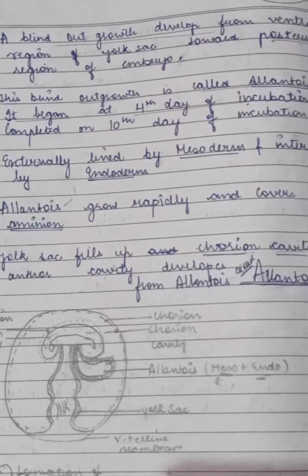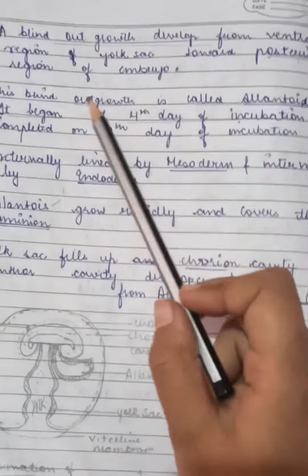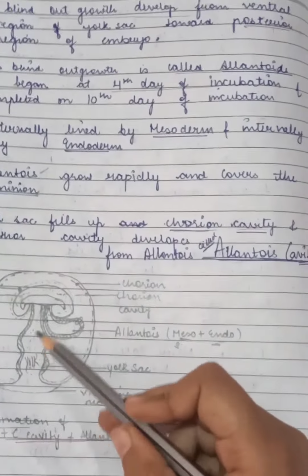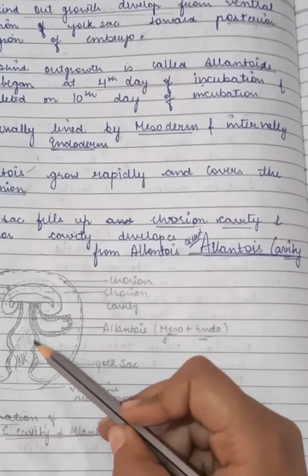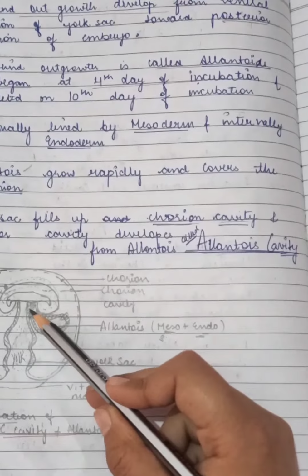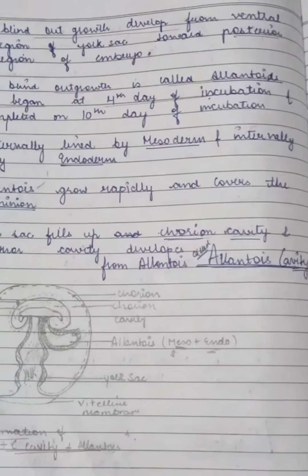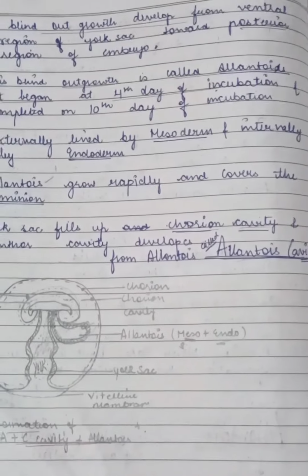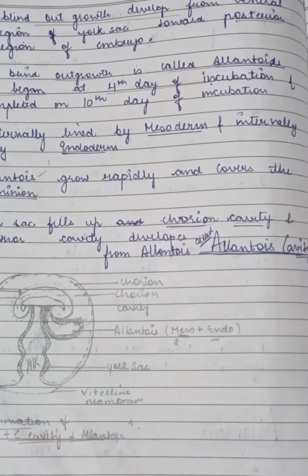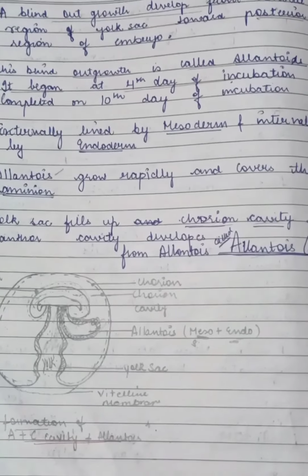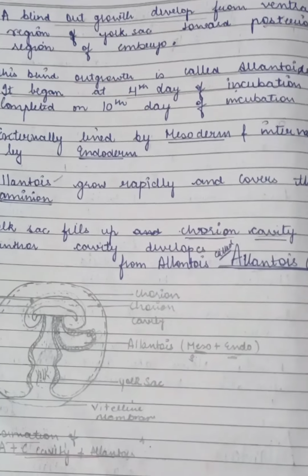A blind outgrowth develops from the ventral region of the yolk sac. You can see this is the yolk sac, and this outgrowth is growing. This is known as the allantois. It is developed from mesoderm and endoderm. It begins at the 4th day of incubation and is completed by the 10th day of incubation, and it is lined by mesoderm and endoderm.